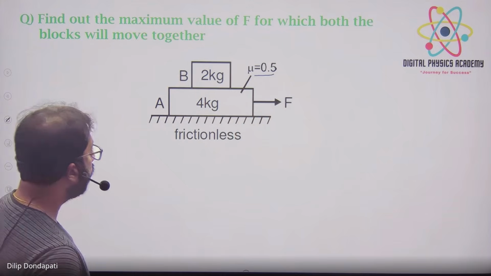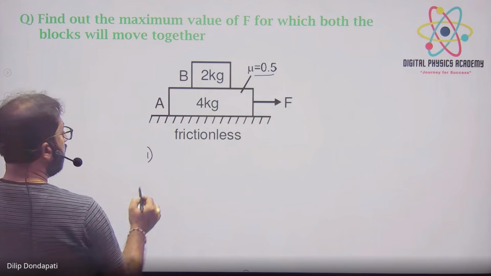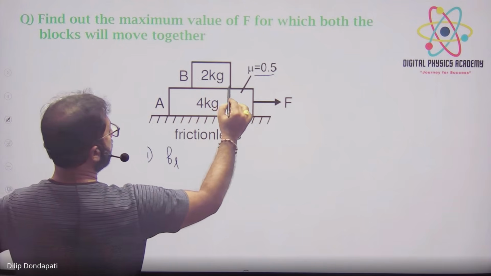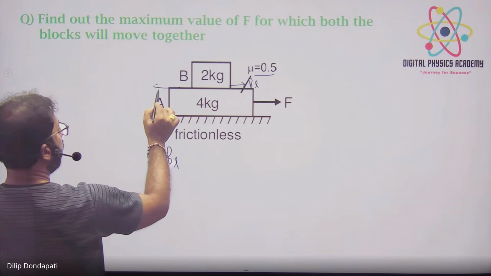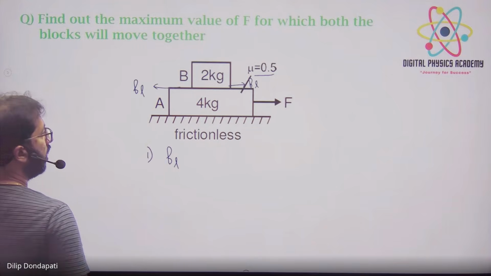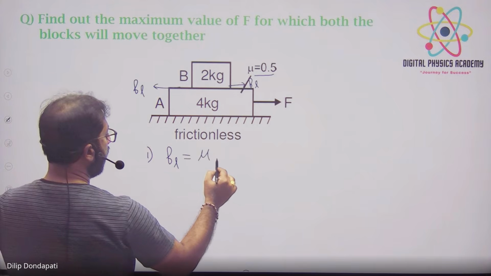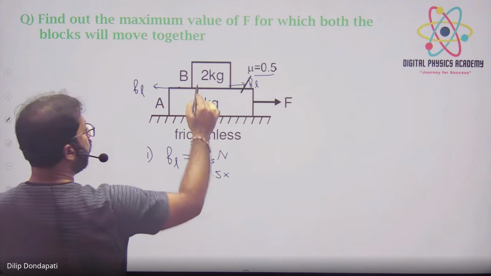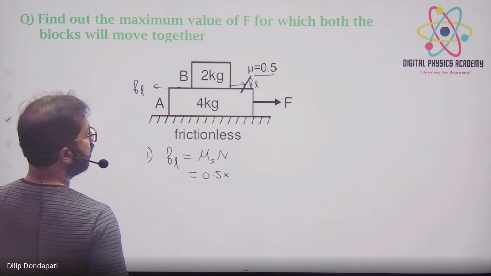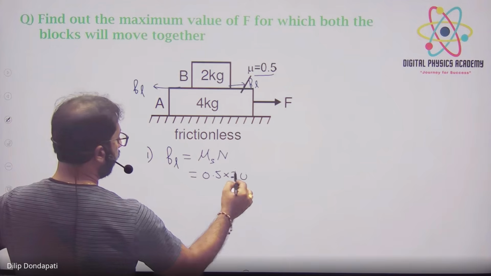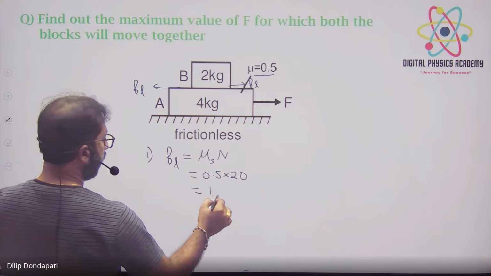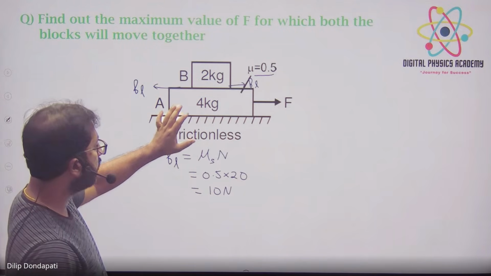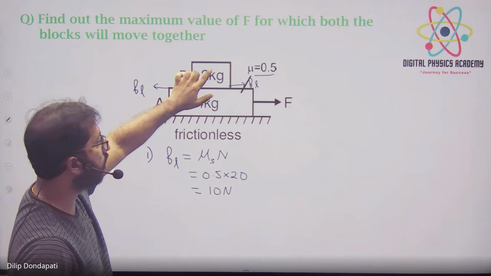So the first step is to calculate the limiting friction. The limiting friction is mu times N, where mu is 0.5 and N equals mg, which is 20. So the limiting friction is 10. Now the second step: the block with only friction is the 2 kg block.